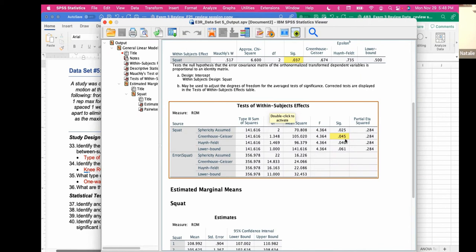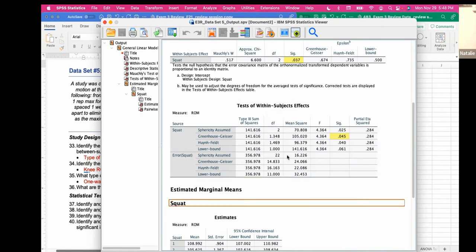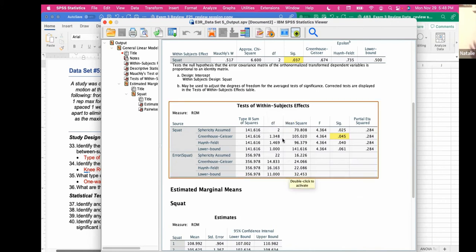An interesting thing happened, and it's not uncommon, especially when you have a violation of sphericity. The adjustment factor to degrees of freedom sometimes messes with how your significance is figured out in the pairwise comparison.